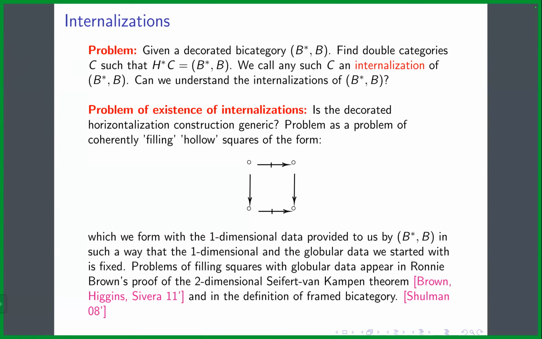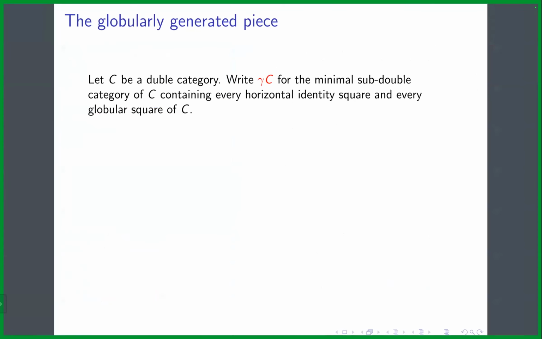And so we're asking if we can fill these hollow squares in such a way that we get a double category, and the vertical arrows and the globular squares are fixed. The vertical arrows are the arrows of B star, and the globular squares are the two cells provided to us by B. So problems of filling squares with globular data appear in a lot of places, but classically in Ronnie Brown's proof of the two-dimensional Seifert-van Kampen theorem, and also in the definition of frame bicategory by Mike Schulman, and in some other places, I guess.